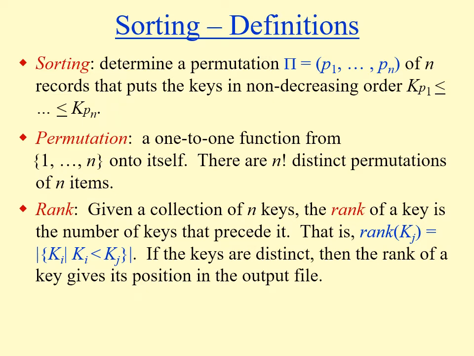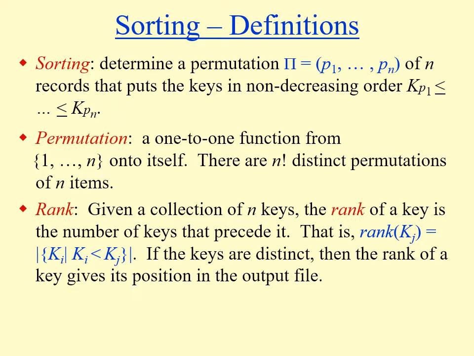So the rank of Kj is equal to, this is a math definition, correct? This means the number of elements in a set. It's the set of Ki such that Ki is less than Kj.